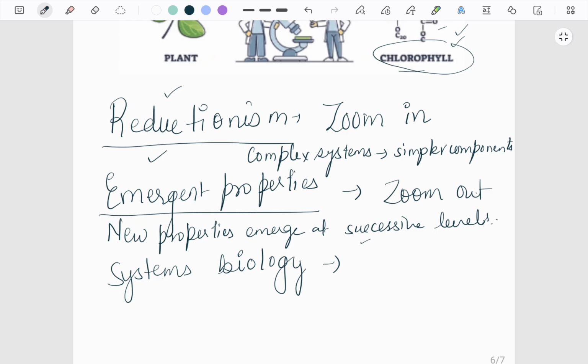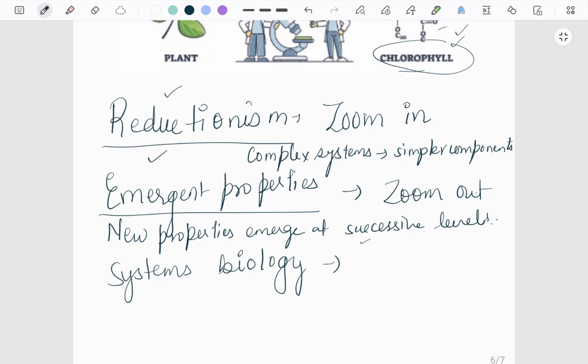But if you go up, the DNA is inside a cell organelle called nucleus. If it is eukaryotic cell, if it is prokaryotic, it will be simply there because there will be no nucleus. Okay, so that has to be inside the cell, and that has to interact with other molecules.